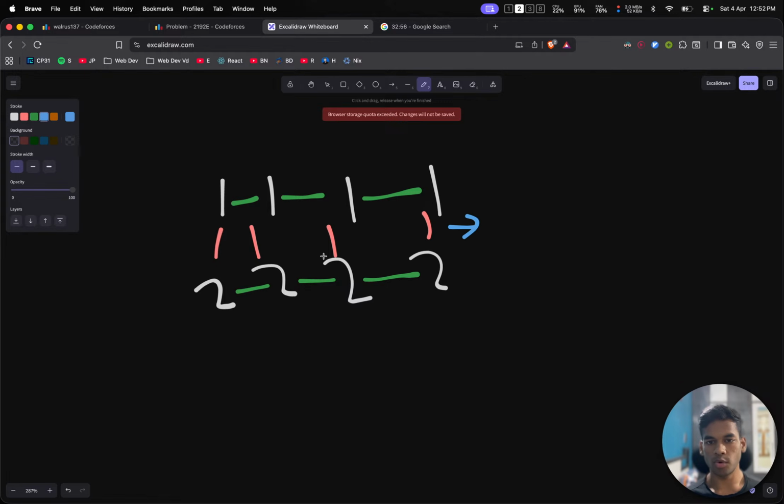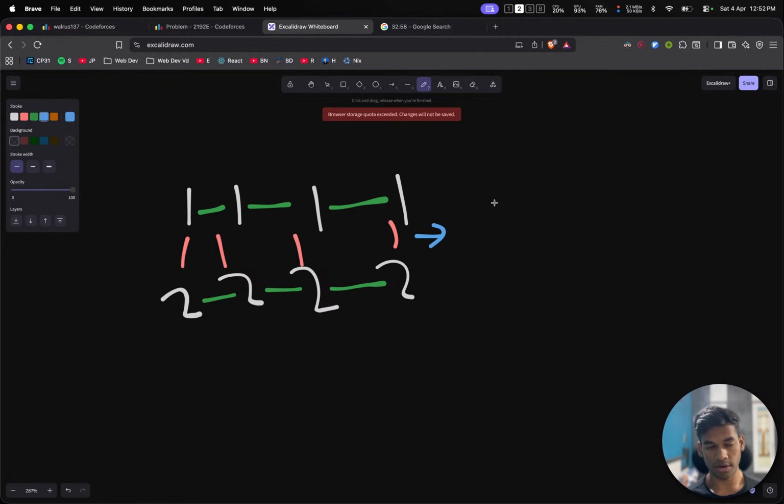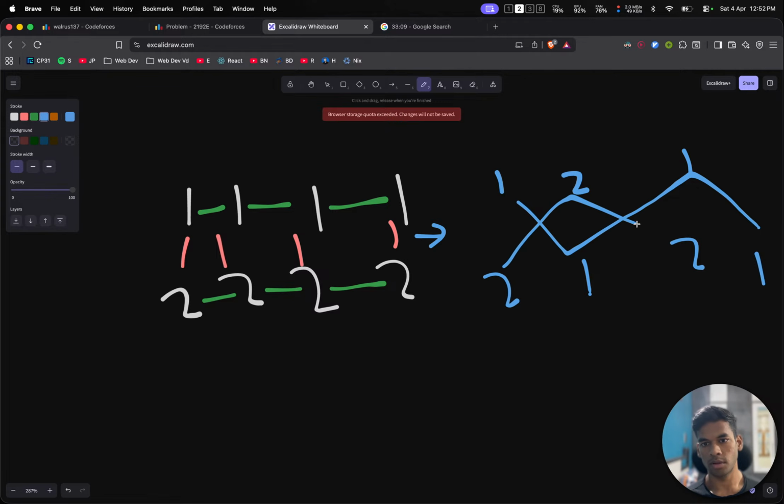We would be able to convert this graph into a bipartite graph, 1 1 like this, 2 2 2. That is a bipartite graph.